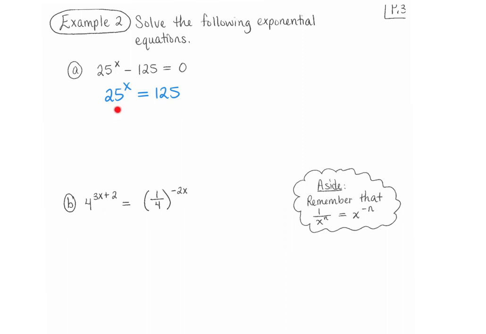Okay? So ultimately we want to create a situation where these two have the same base. How do you think we can rewrite 25 and 125 so they have the same base?